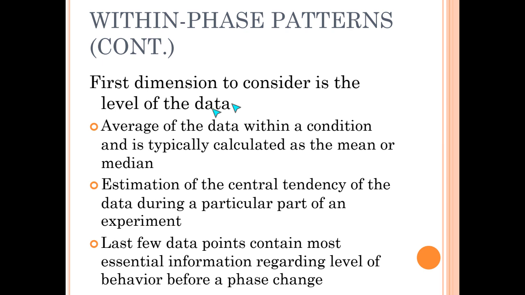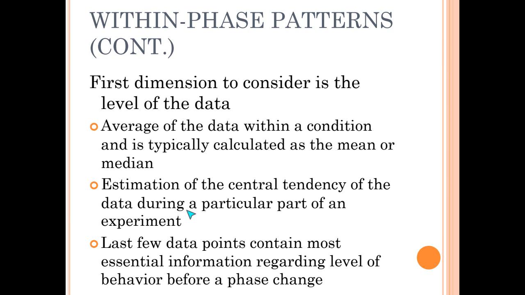In other words, you could say it's the estimation of the central tendency of the data during a particular part of an experiment. You have conducted the baseline phase, and now the data are falling around a common mean. It is most important to look at the last few data points.